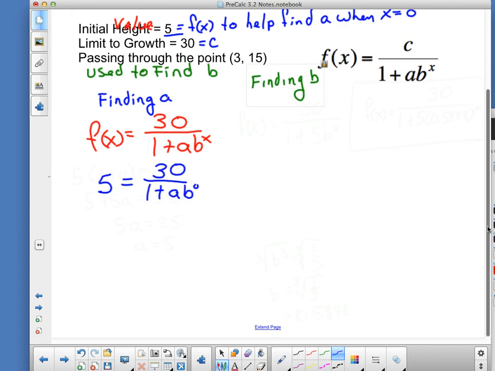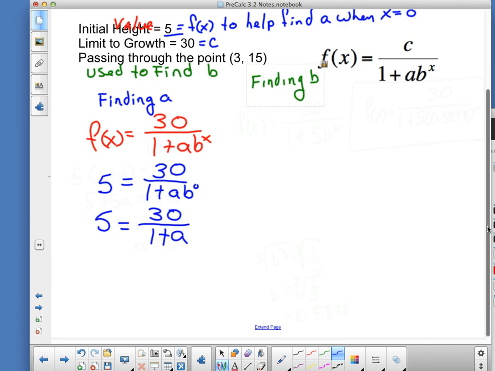Does that make sense? My initial value, or my y-intercept, is when x is 0. So now my b to the 0 is 1. So I've got 5 is equal to 30 over 1 plus A.